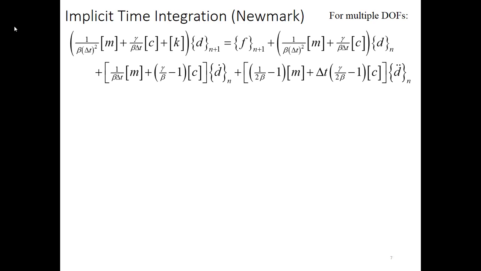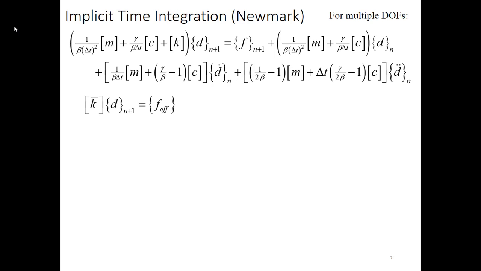The expression I just had was for a single degree of freedom. For multiple degrees of freedom, I'm simply replacing the m, c, and k terms with m, c, and k matrices, and all of my degree of freedom, speed, and acceleration terms are now vectors. So the expression becomes this. This would be the FE form of that implicit time integration formula.